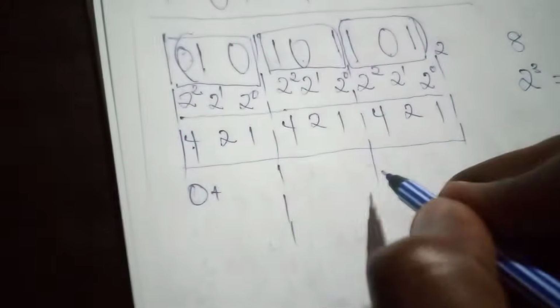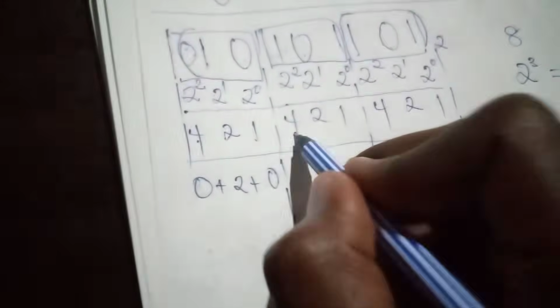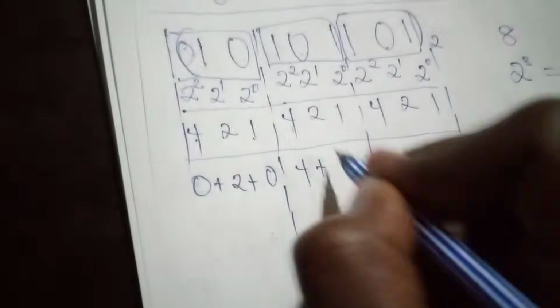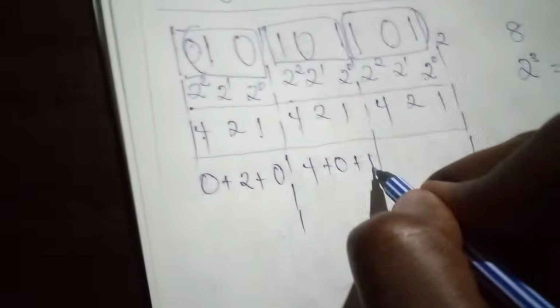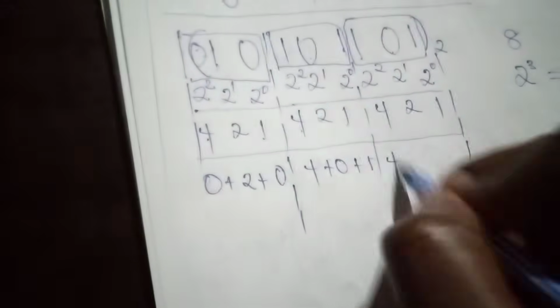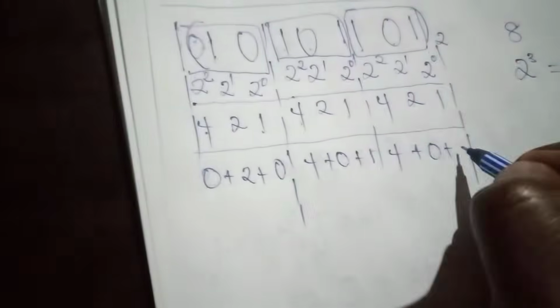So 4 times 0 is 0, plus 2 times 1 is 2, plus 1 times 0 is 0. 4 times 1 is 4, plus 2 times 0 is 0, plus 1 times 1 is 1. Now it's just the issue of summation.